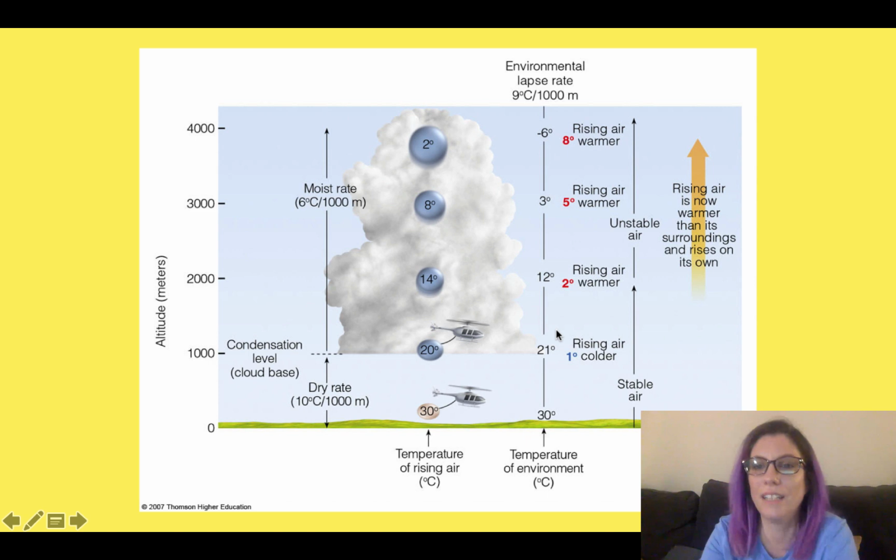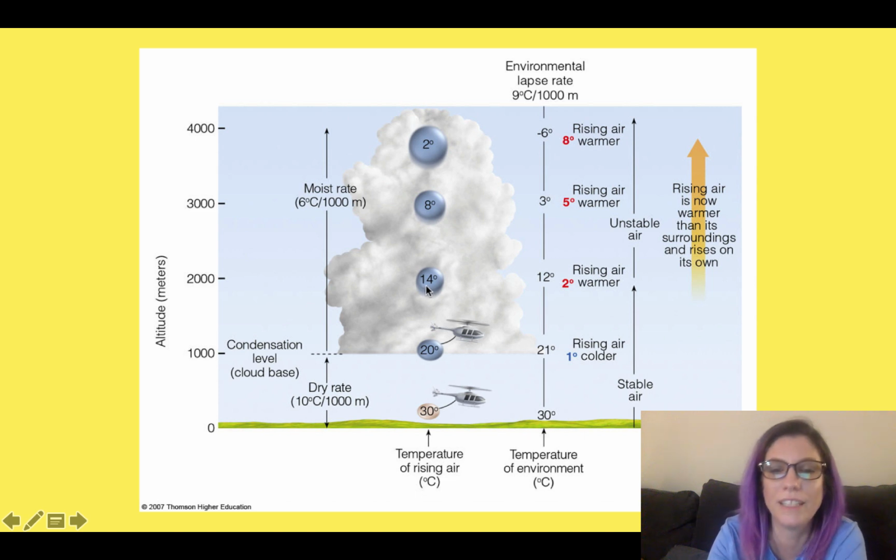All right, so let's go right here. At this point, it's going to be warmer than the atmosphere, or than the outside air temperature, so it's going to keep wanting to rise. But right here, the outside temperature is going to be warmer than the air parcel, so it's going to want to sink.